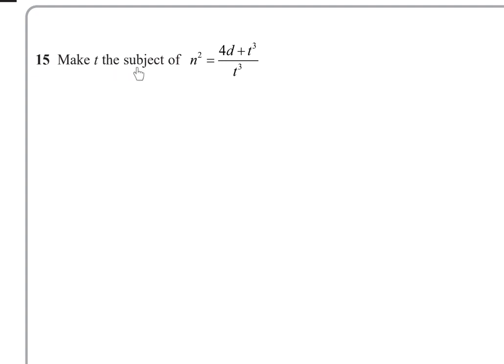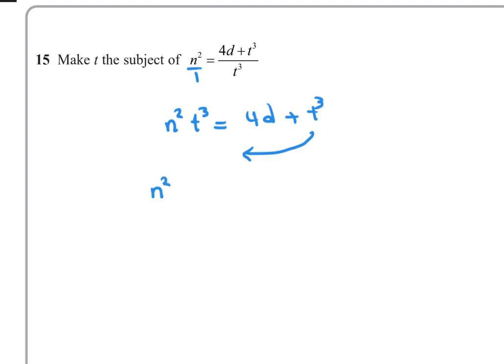15. Make t the subject of n squared equals 4d plus t to the power 3 over t to the power 3. So n squared can be written as n squared over 1, then cross multiply. So n squared t power 3 equals 4d plus t power 3. Then transpose t power 3 to the other side because I need t on one side.